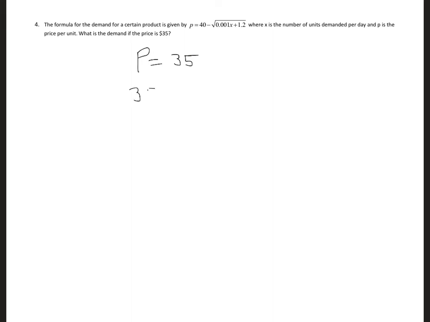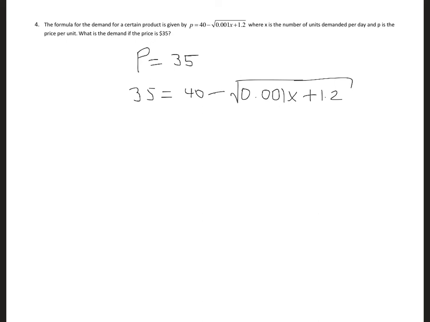So 35 is equal to 40 minus square root of 0.001x plus 1.2, and then I just need to find x.